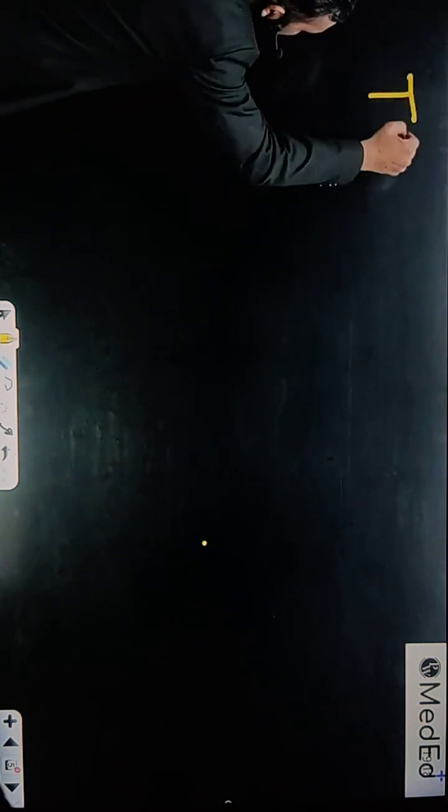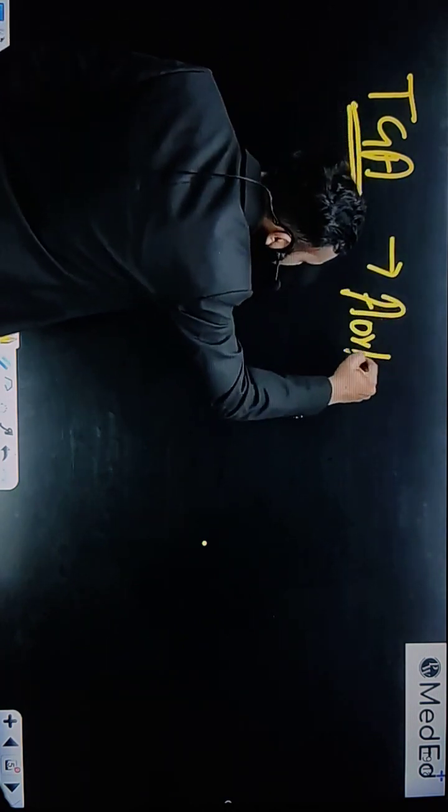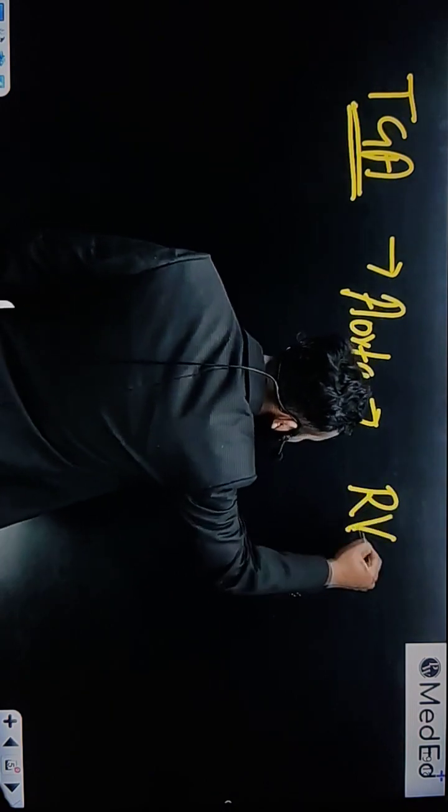So guys, you must have heard that there are two types of TGA. So what is happening in transposition of great arteries? Your aorta, which normally arises from the left ventricle, is arising from the right ventricle.